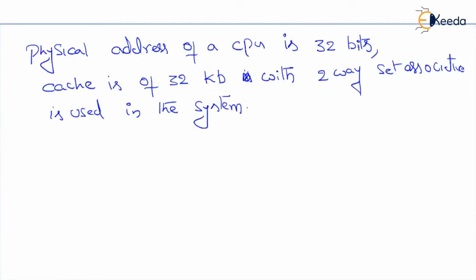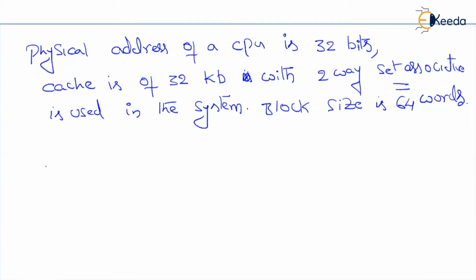Block size is 64 words. Now we'll have to practice the two-way set associative process here.